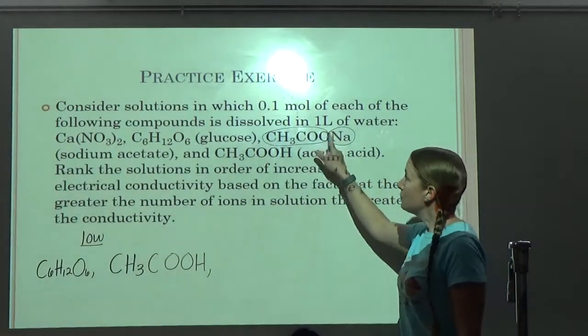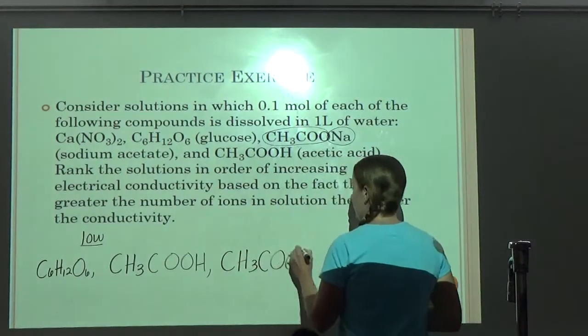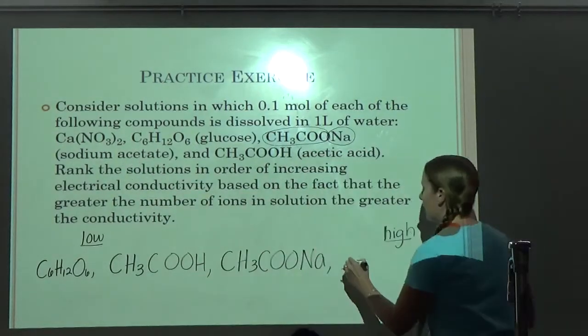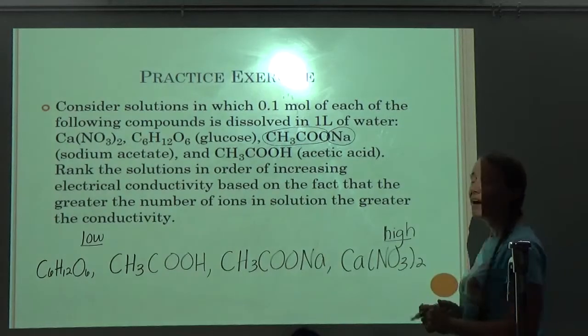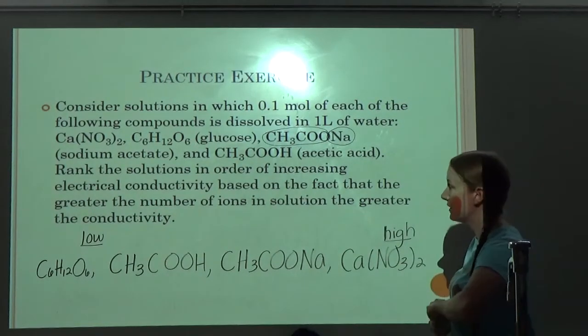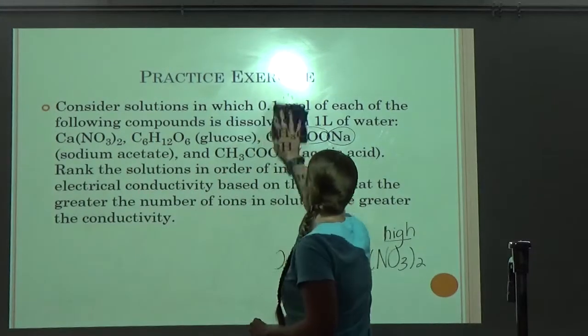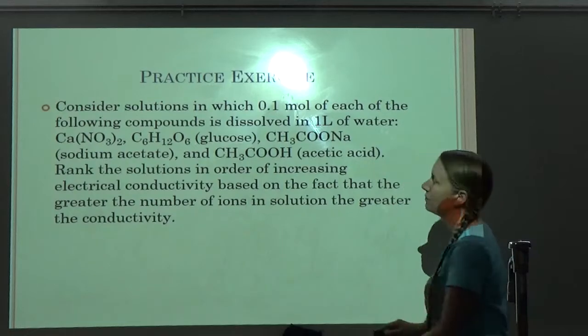So when these break up, you just get less ions. So my sodium acetate would be next, and then my calcium nitrate, because I'm going to get 3 ions for every one that breaks up, would have the highest electrical conductivity. Okay, so again, it's just based on the whole strong electrolyte, weak electrolyte, non-electrolyte stuff.